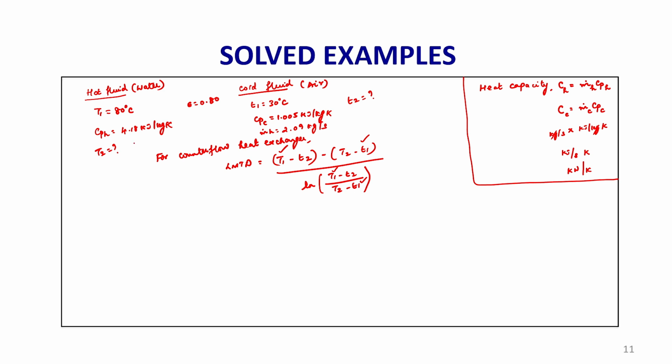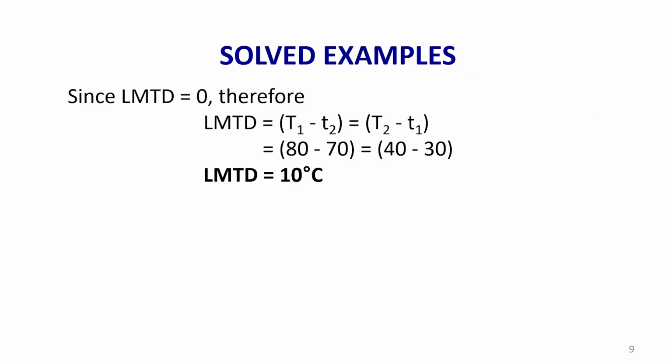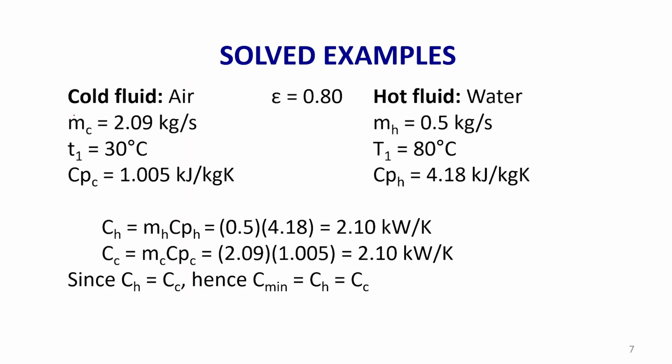So, this is m dot h is equal to 0.5 kg per second. So, the mass flow rate is also given. Okay.